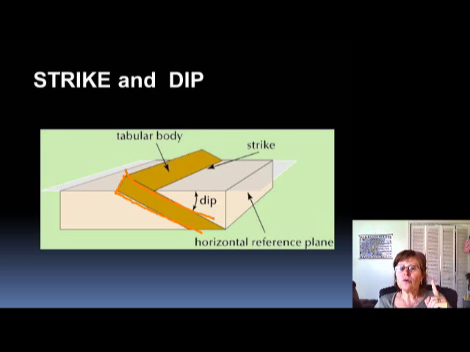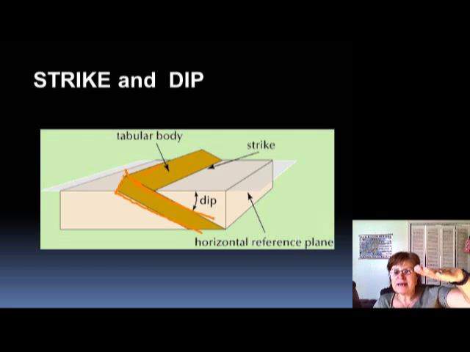One line is the so-called strike, and the other one is the so-called dip. The strike is the line formed by the intersection of the rock layer, which is right here, and an imaginary horizontal plane. So the way geologists do it is that they use a so-called compass.